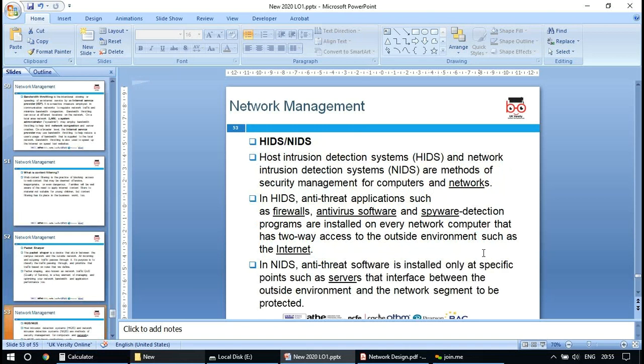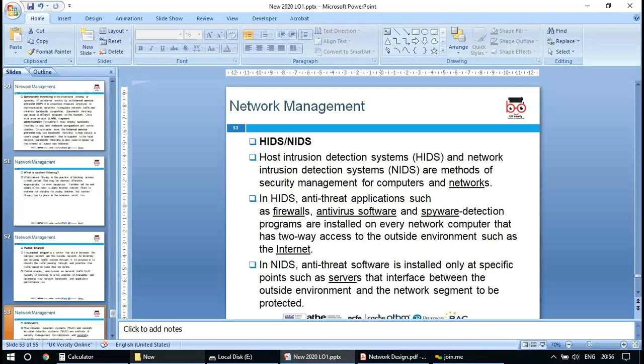Then HIDS or NIDS are intrusion detection systems, methods of security management for computers and networks. HIDS are anti-threat applications such as firewalls, antivirus software, and spyware detection. NIDS are anti-threat software installed at a specific point such as servers.